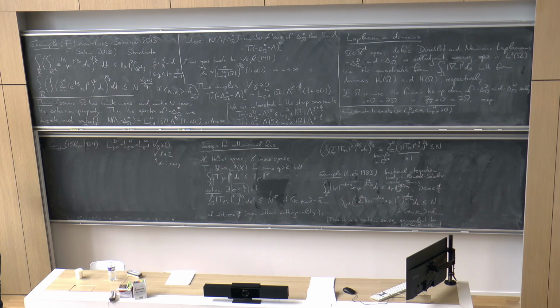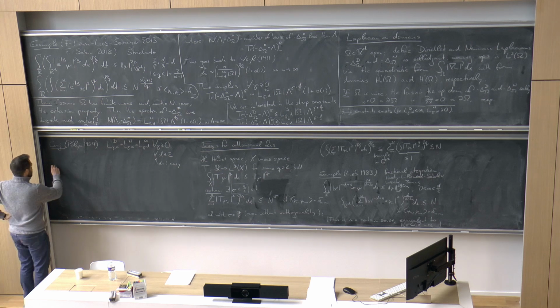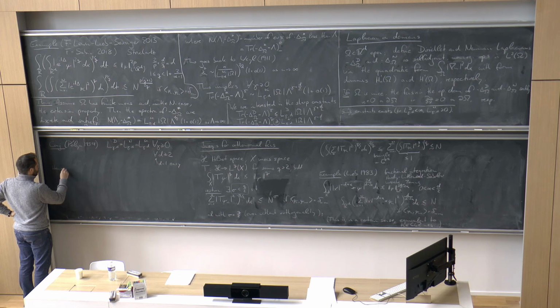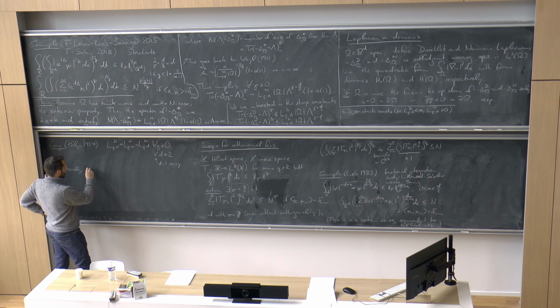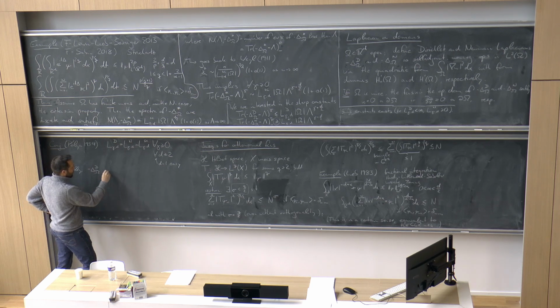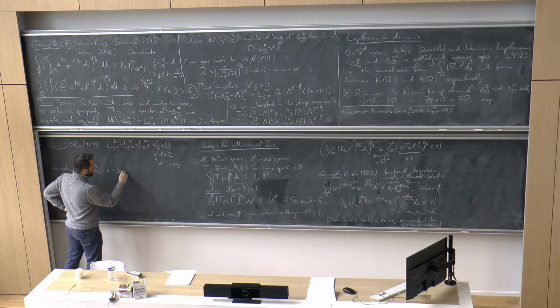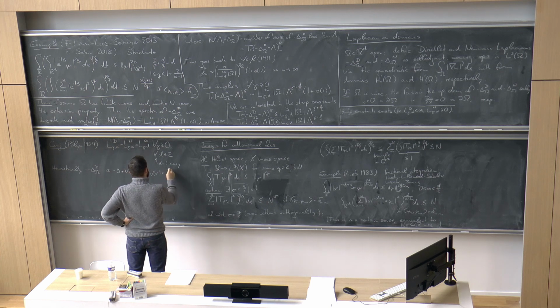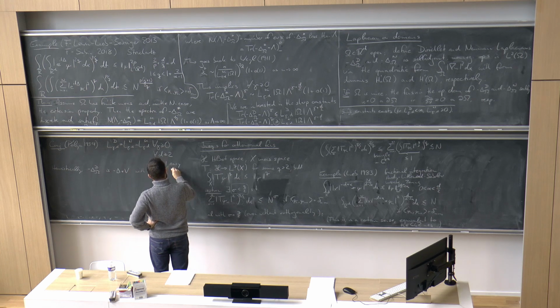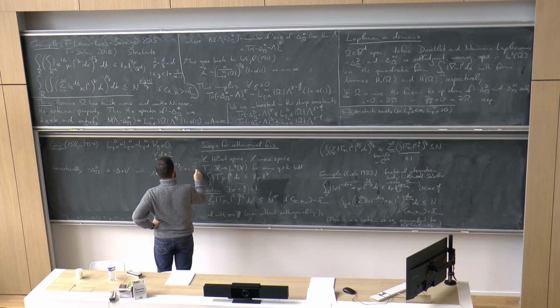And so the relation to the Lieb-Thirring conjecture is, heuristically, minus Laplacian on omega with Dirichlet conditions is minus Laplacian plus V, where the potential is equal to 0 if x is in omega and plus infinity if x is outside.